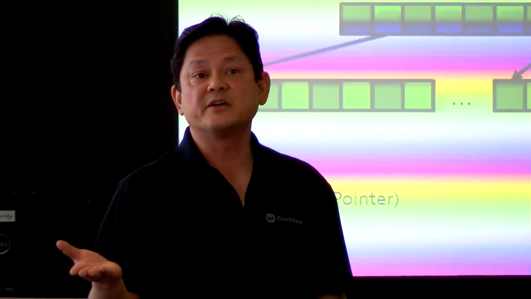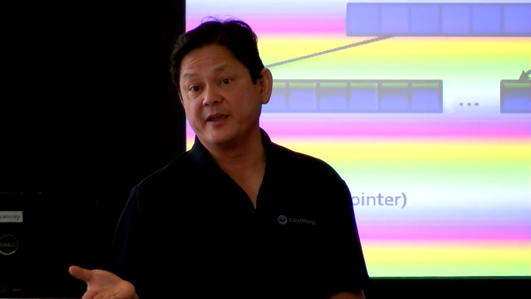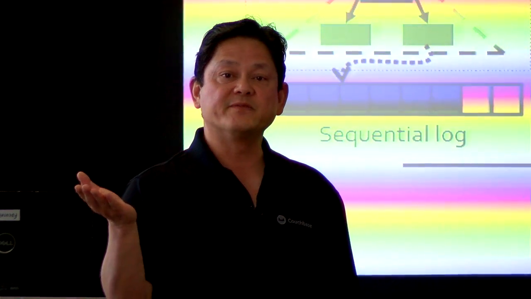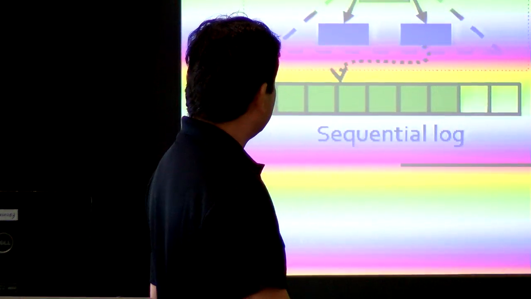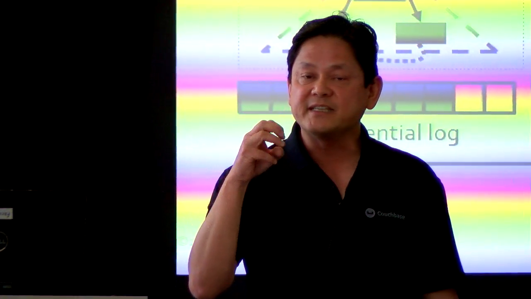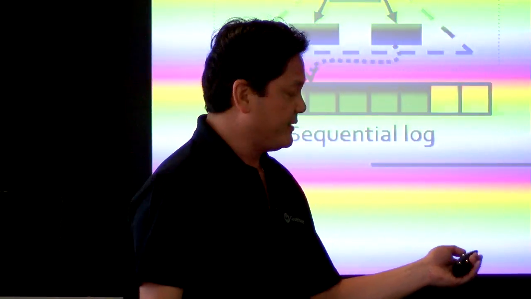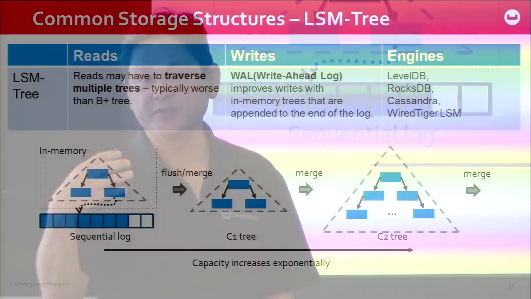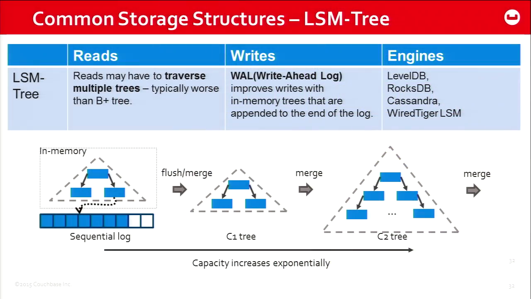The other popular storage structure is called LSM tree. LSM stands for Log Structured Merge tree. LSM tree is optimized for write performance, because it leverages an in-memory index data structure to defer the writes to the index, so it can batch all the writes to the index, and it uses a sequential log to write out the data nodes.